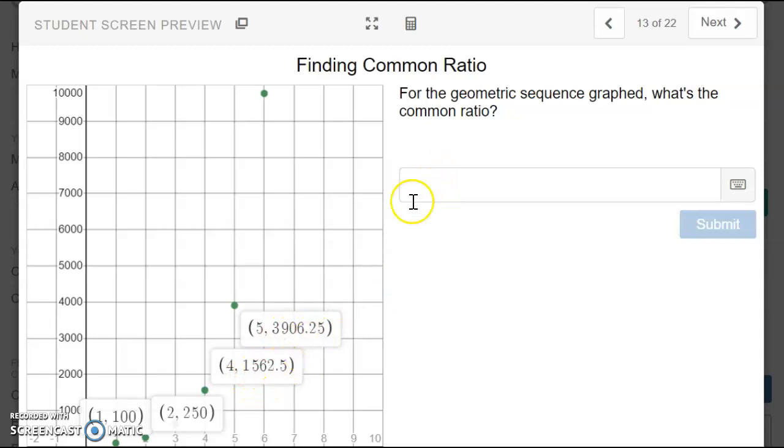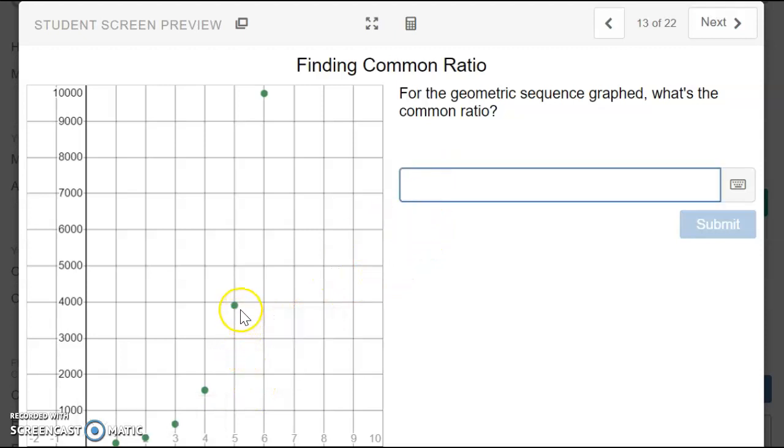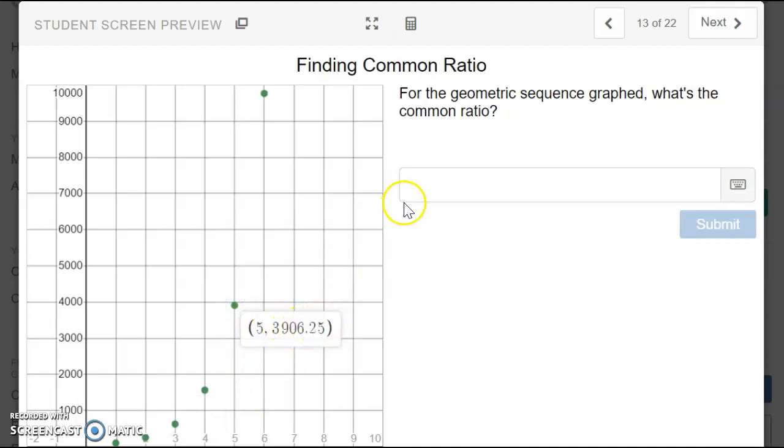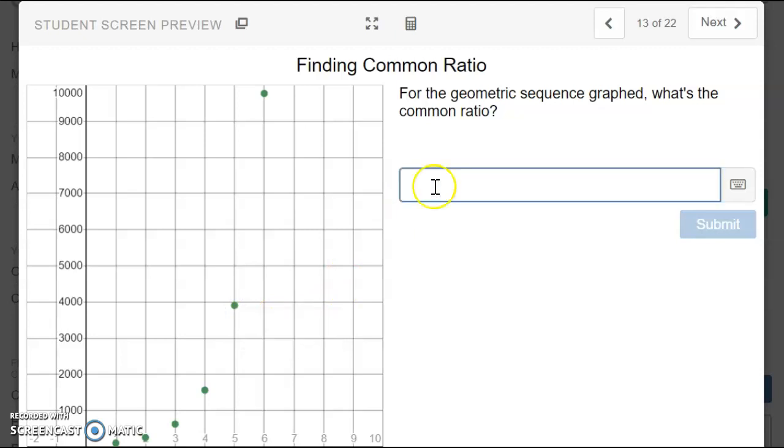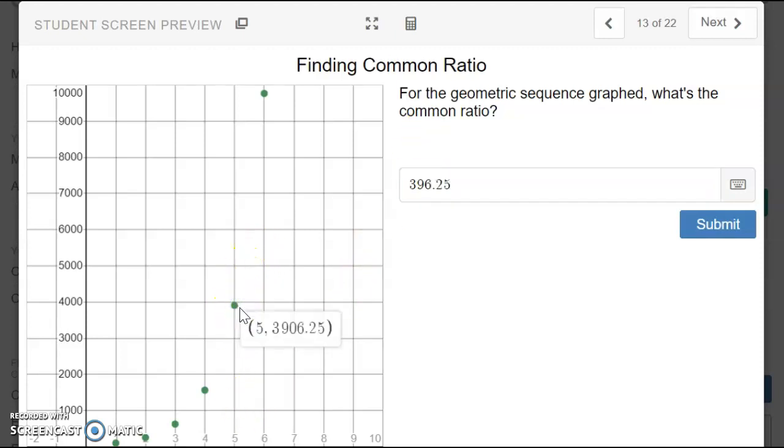How would I figure out the common ratio? Well, I know that it's going to be between 3,906.25 and the previous one, which is 1562.5.